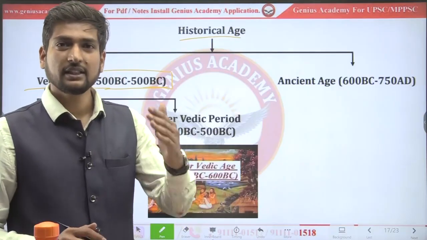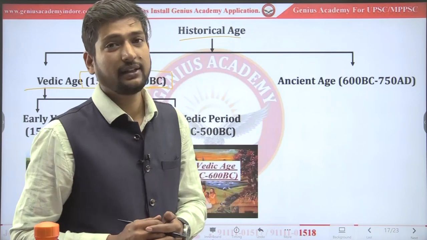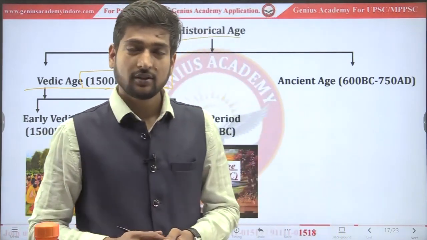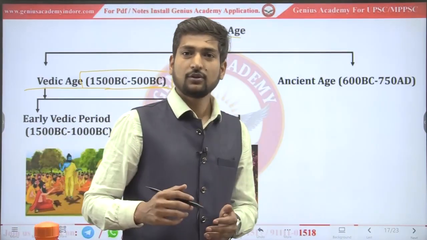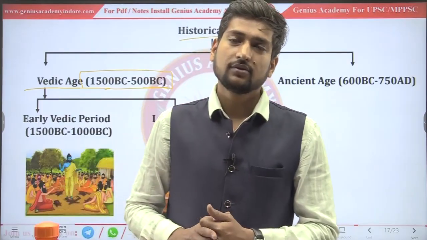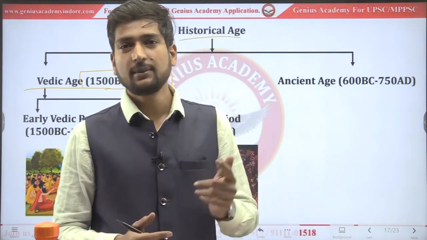More and more animal sacrifices increased from the early to the later Vedic period, so we can see the occurrence of Jainism and Buddhism, because you are sacrificing more and more cattle, and cattle was known as wealth at that point of time.